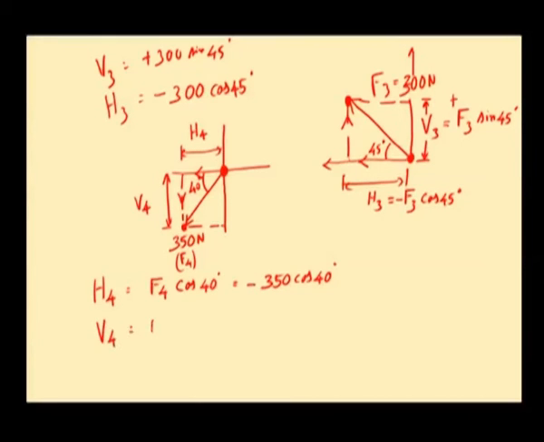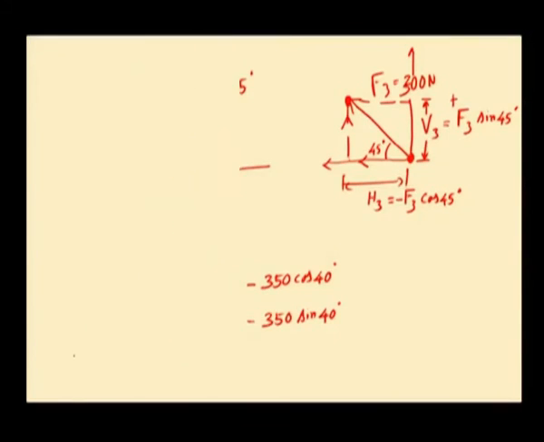V4 will be F4 into sine of 40 degree, that is 350 into sine of 40 degree. If you see the direction of V4, it is moving in the downward direction, hence its sign convention will be minus.